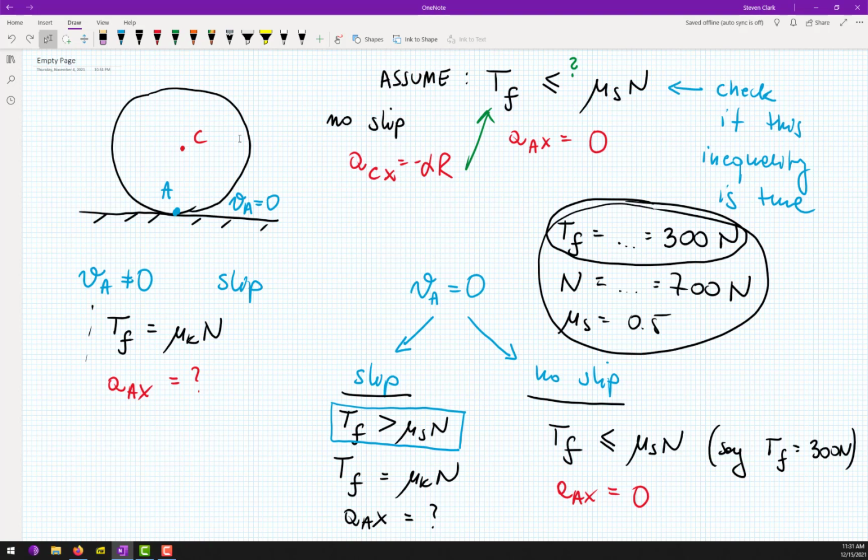Oh, if there's no slip? If there is slip, then we have a problem, because we don't know much about this point. But if there is no slip, we know that velocity is 0 and the acceleration in x is 0. The best would be to solve the problem probably like that, yeah?